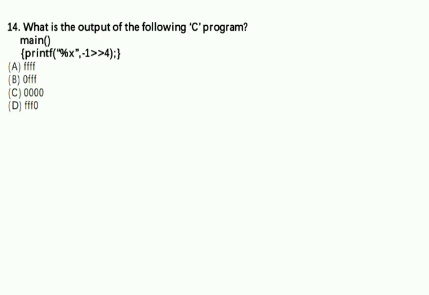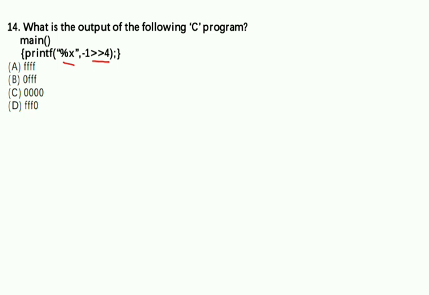What is the output of the following C program? main, printf %x, -1 left shift 4, right shift 4. So here, given the right shift operator, %x is a format specifier in printf to print the value in hexadecimal format.